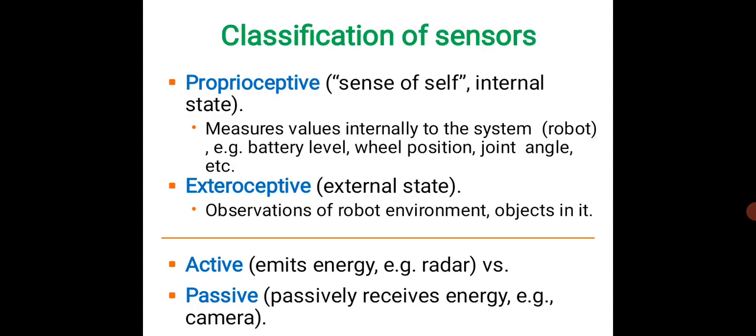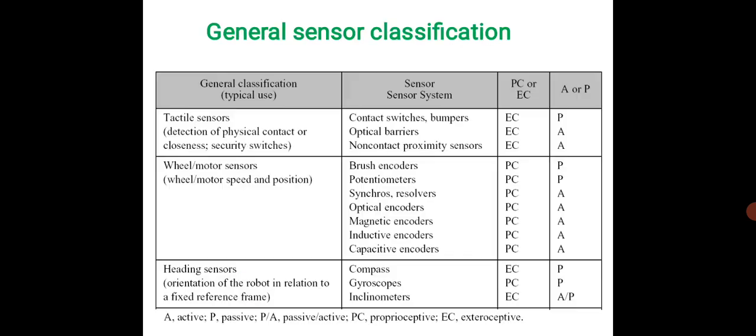The external state covers observations of the robot's environment or objects present in it. Similarly, sensors can be classified as active and passive. Active sensors emit energy, whereas passive sensors receive energy. A very good example of a passive sensor is the camera.